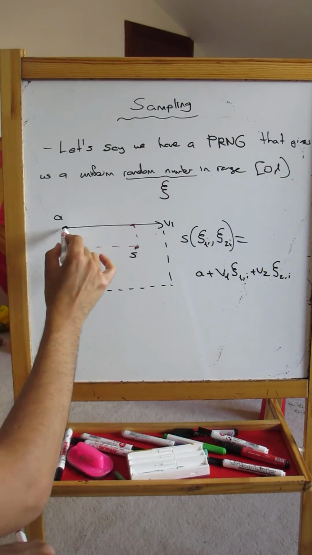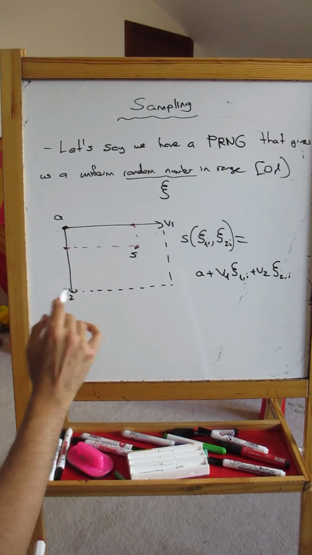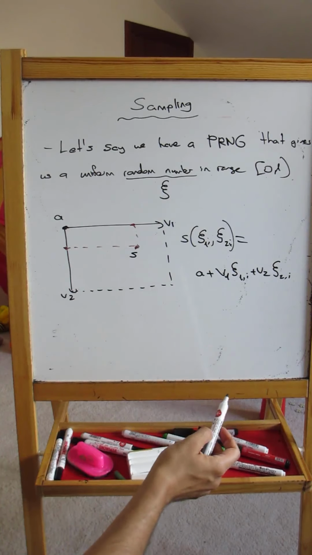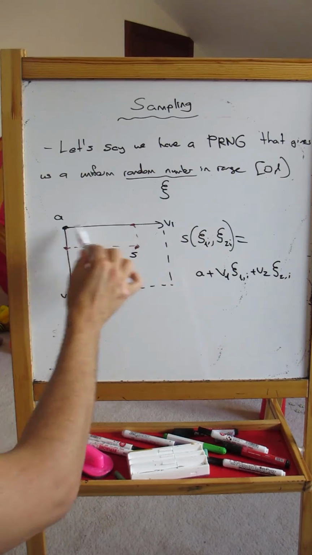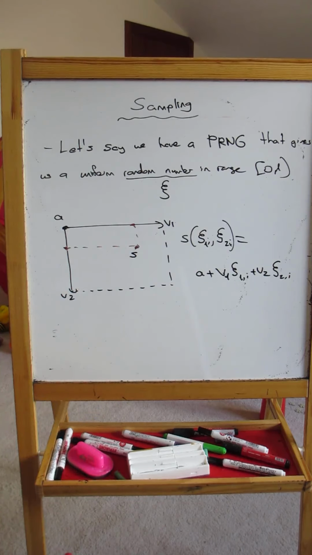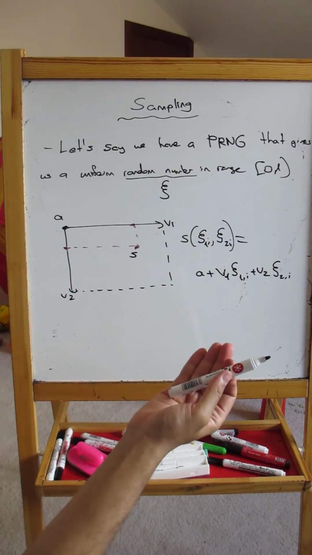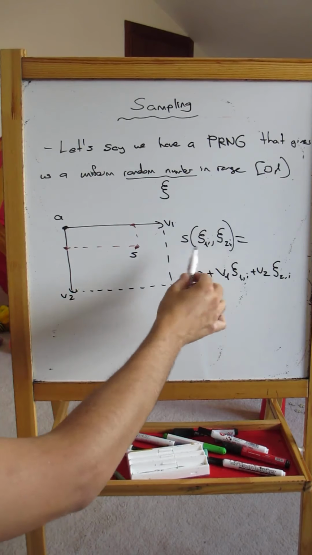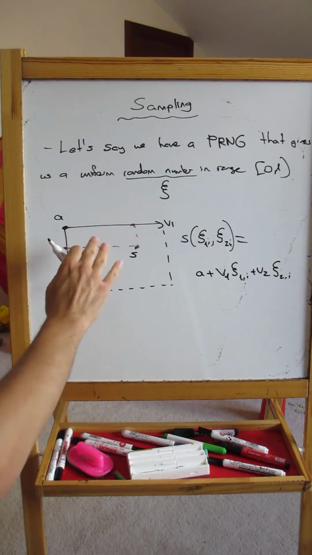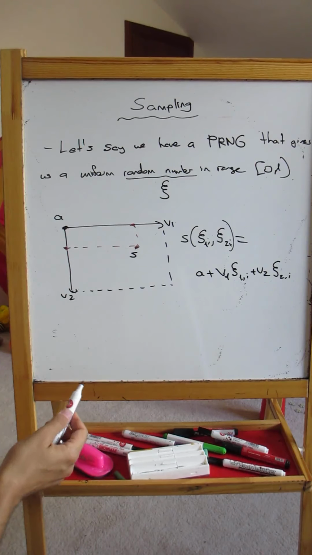Note again that these are not unit vectors, obviously. They define the extent of the region that we are sampling from. So here we can simply compute a uniform sample region defined by two vectors like that.